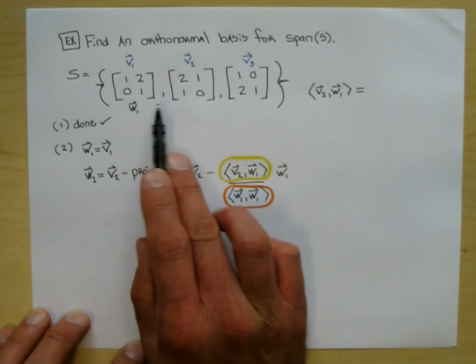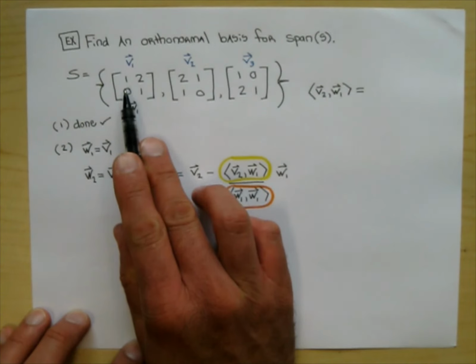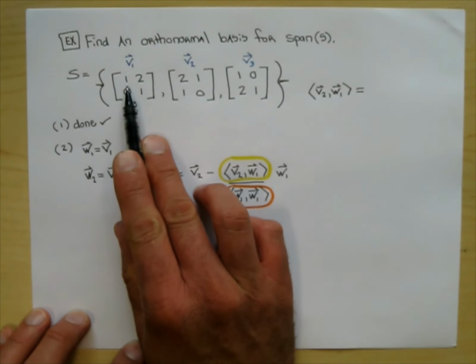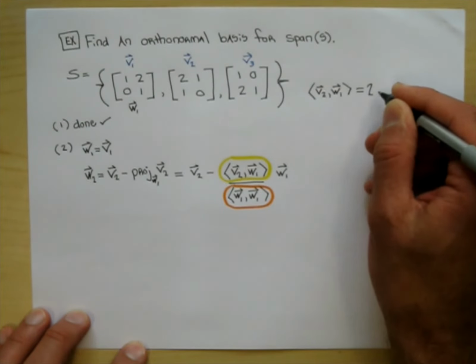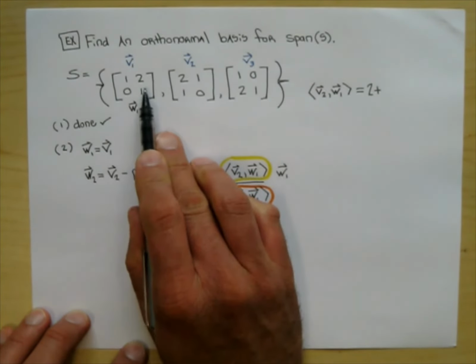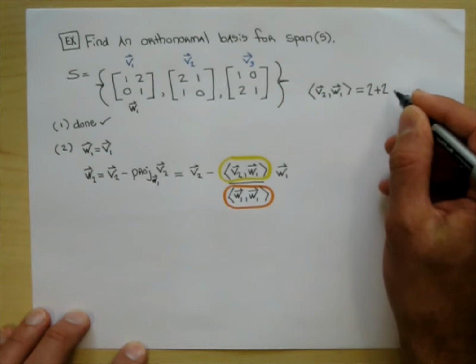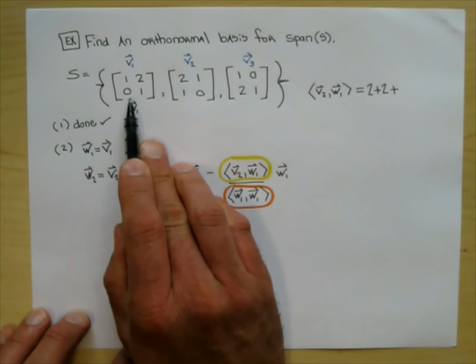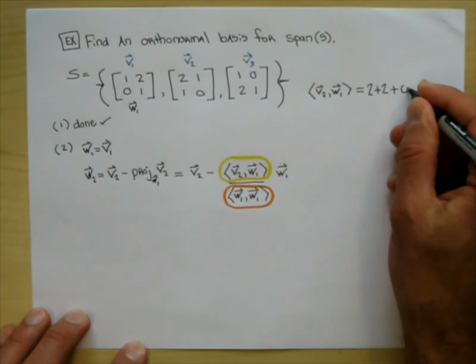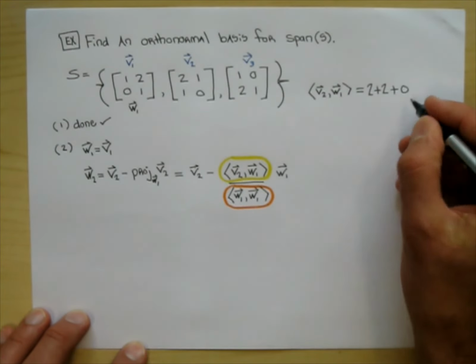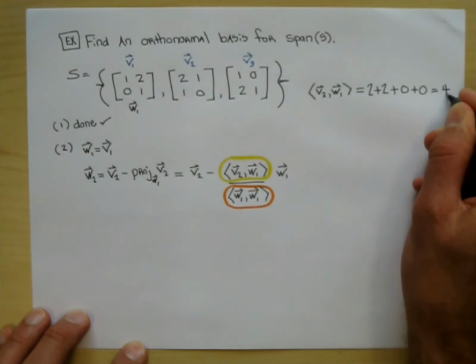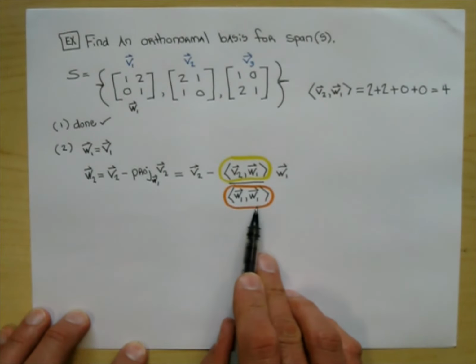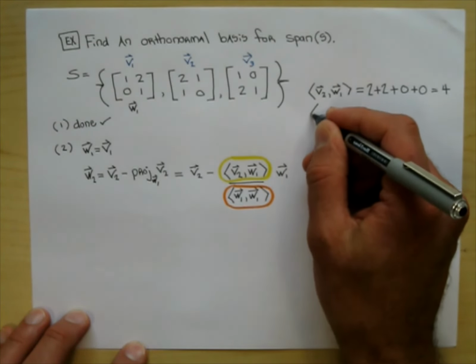I'm just going to take their inner product by the standard one, where I go 1 times 2 is 2, plus another 2 times 1 is 2, plus 0 times 1, 0, and then 1 times 0, 0. So look what I end up getting. I end up getting 4. Also want the inner product of W1 and itself.